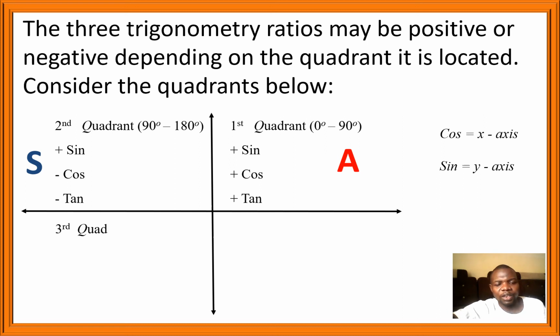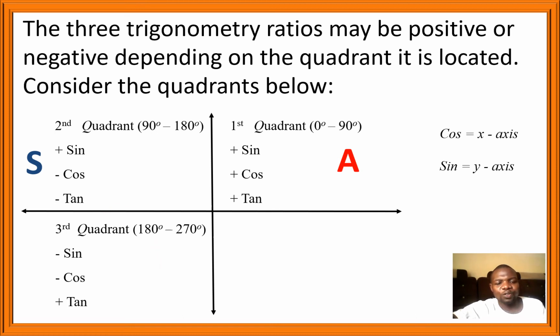Now to the third quadrant, where angles are between 180 degrees and 270 degrees. The sine will be negative since the y-axis here is negative. Then the cos will also be negative since the x-axis here is also negative.